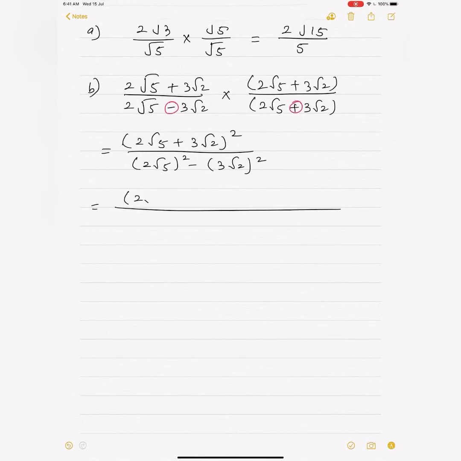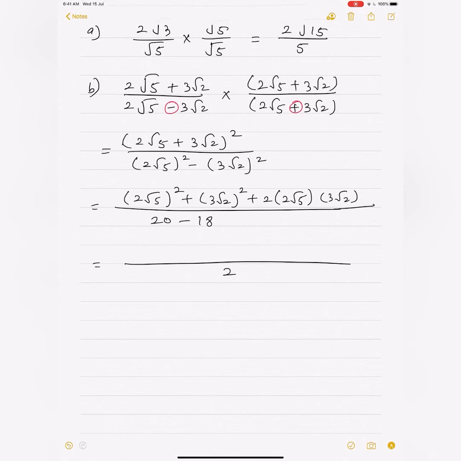So what will this become? 2 root 5 whole square plus 3 root 2 whole square plus 2ab, divided by, what is 2 root 5 whole square? 20. 3 root 2 square, 18. Now, what is 20 minus 18? 2. So this will become what? 4 5s are 20. 3 root 2 square is what? 18, minus 2 2s are 4, 4 3s are 12. So it will become 12 root 10.